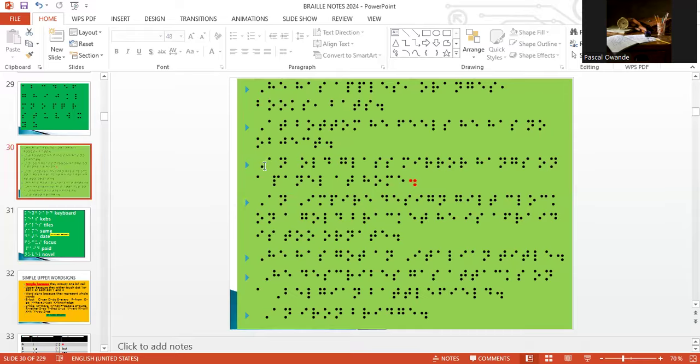The third sentence is saying, dot 6, capital sign of the first letter, an old, O-L-D, an old glass, G-L-A-S-S, an old glass mirror. Mirror is M-I-R-R-O-R. An old glass mirror, H-A-N-G-S.